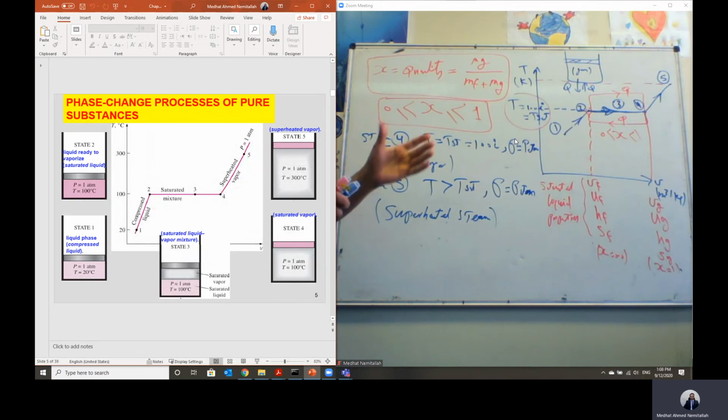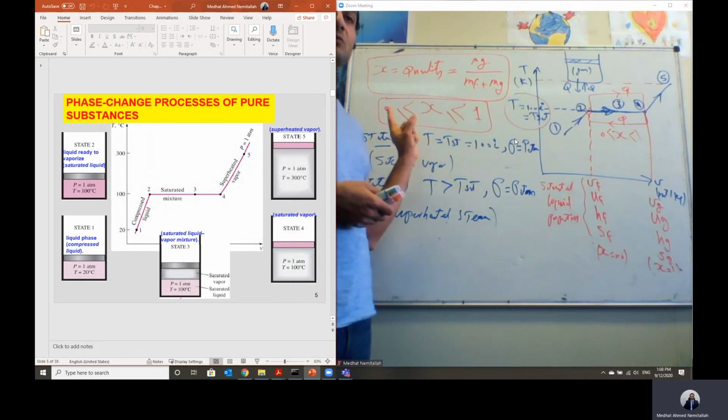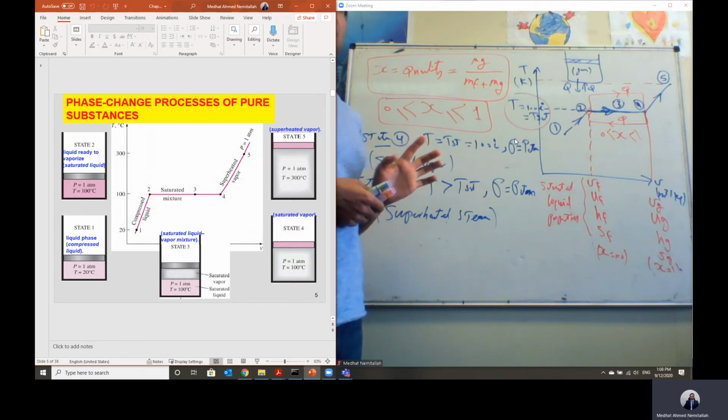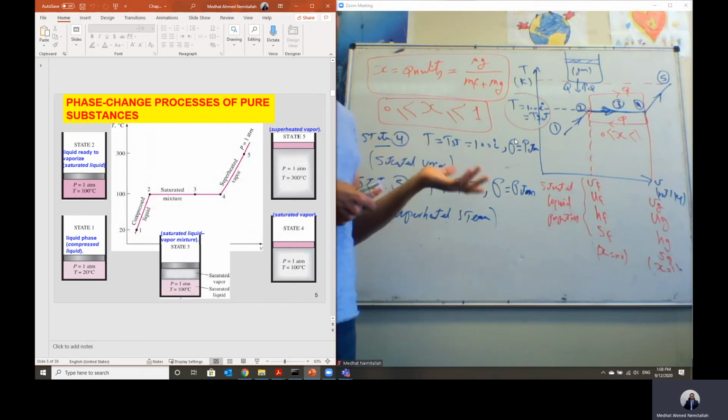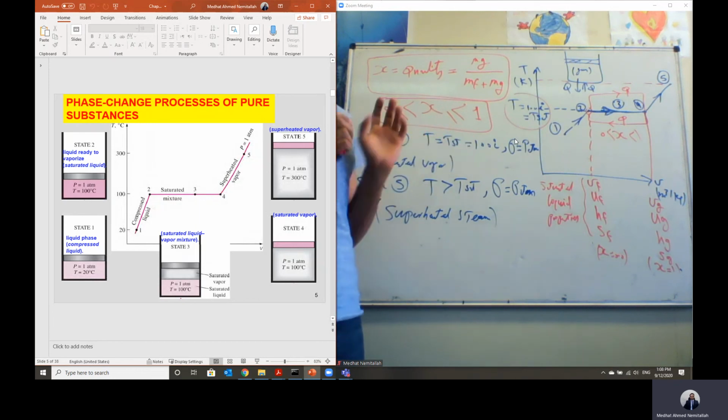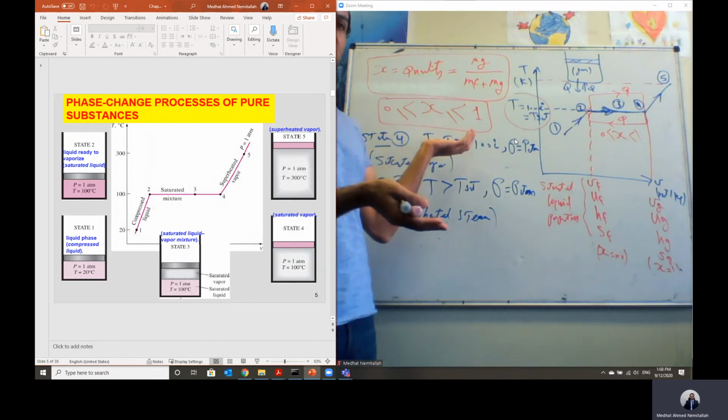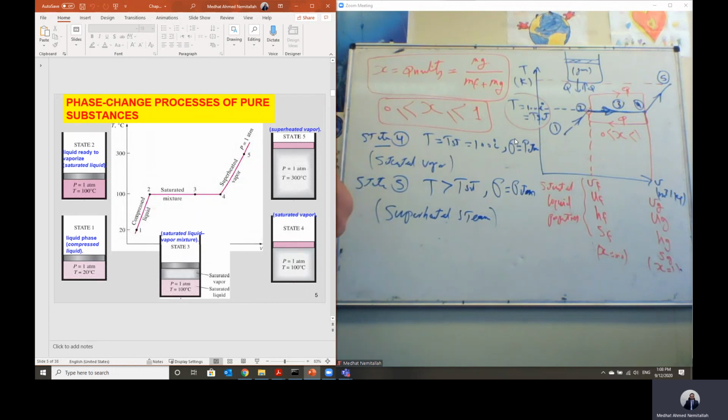Also, we have latent heat of fusion or melting, which is the amount of heat added to convert the phase from the solid phase to the liquid phase. We call it latent heat of fusion from the saturated solid to the saturated liquid. Also, it is equal to the latent heat of freezing to convert from the liquid phase to the solid phase.